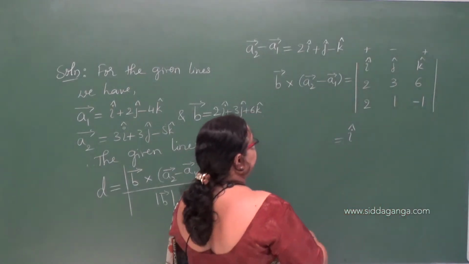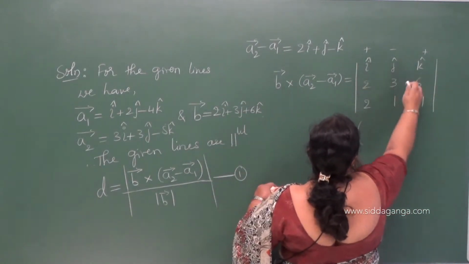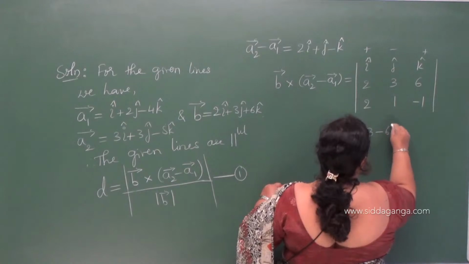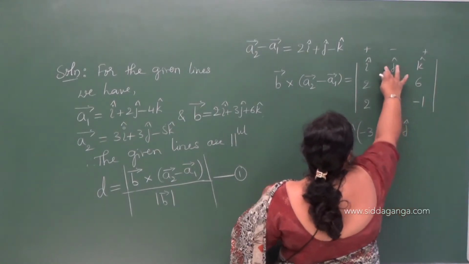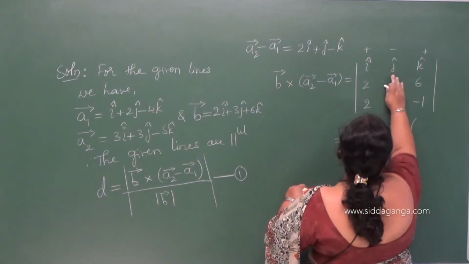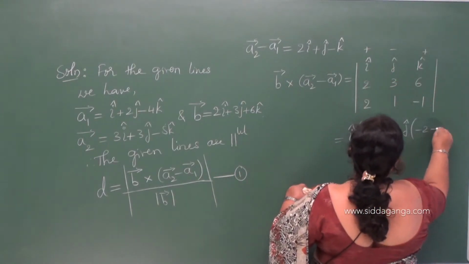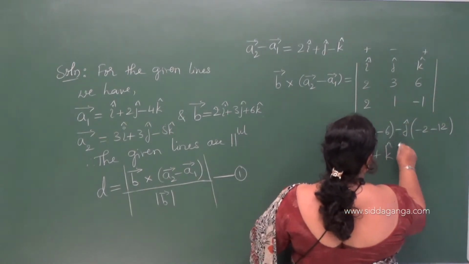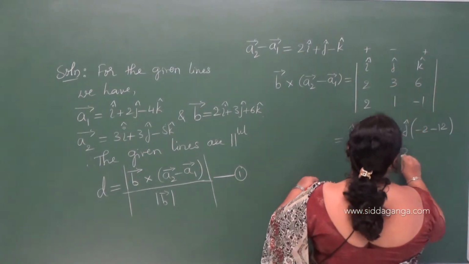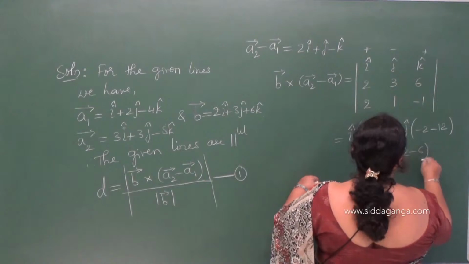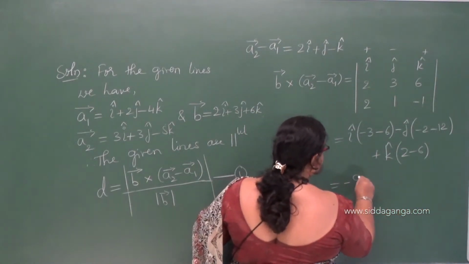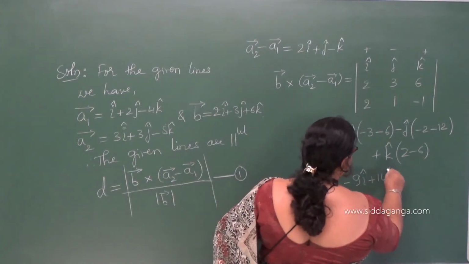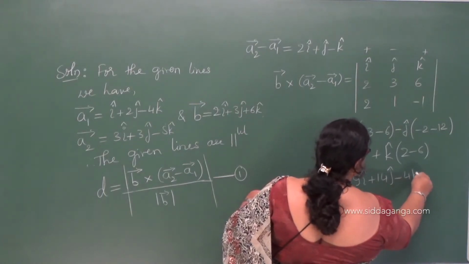For i cap, delete that row and column: minus 3 minus 6 ones are 6, that is minus 9 i cap. Then minus j cap into minus 2 minus 6 twos are 12, so minus into minus plus 14 j cap. Then plus k cap into 2 ones are 2 minus 6, that is minus 4 k cap.